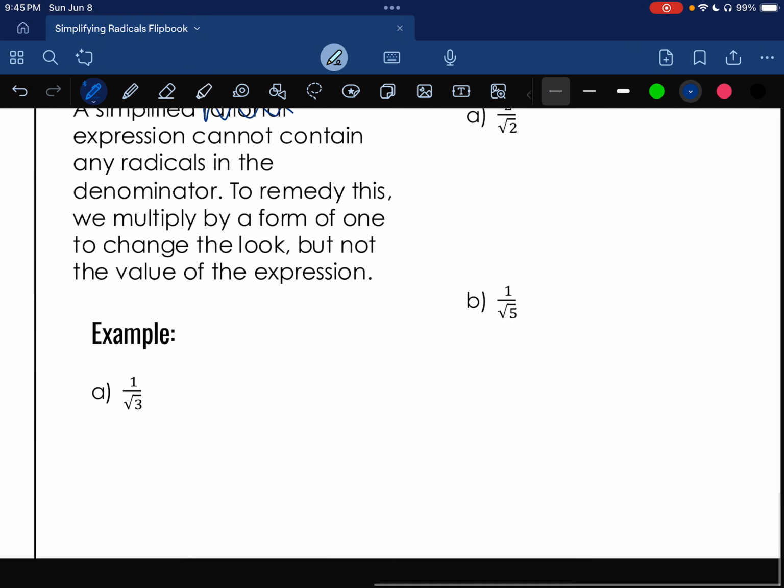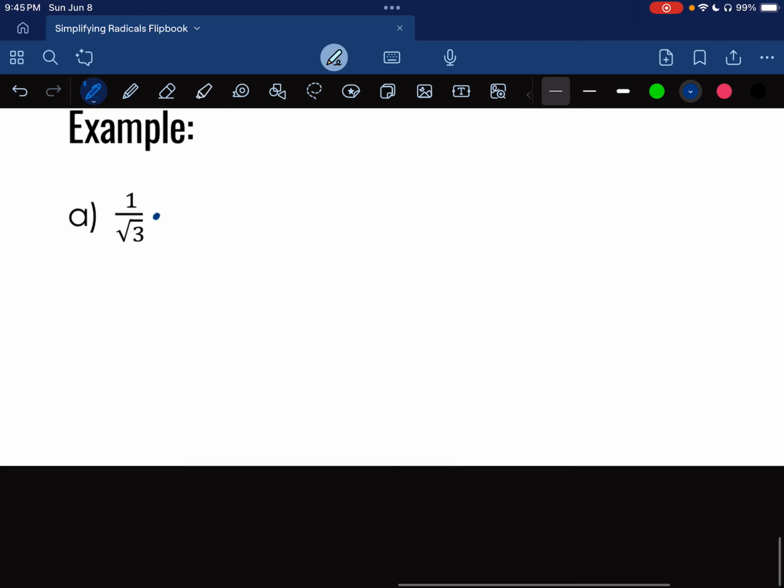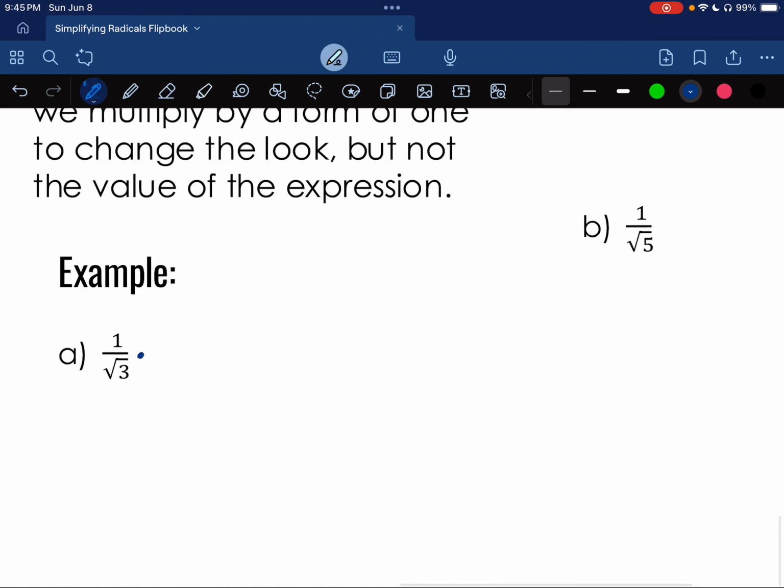So here I have 1 divided by radical 3. So what undoes radicals? Square root is undone by squaring. So what we can do is multiply this by itself. If I multiply by radical 3 over radical 3, I'm going to end up with radical 3 squared in the bottom.